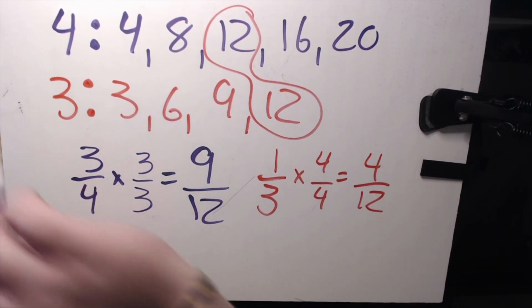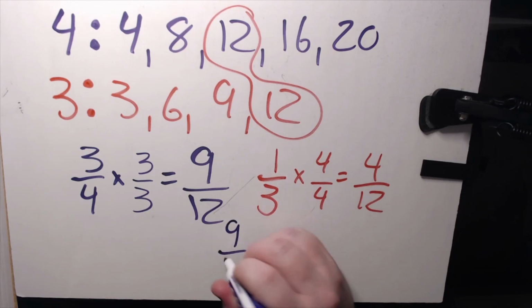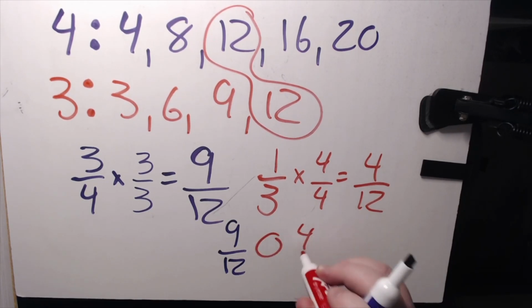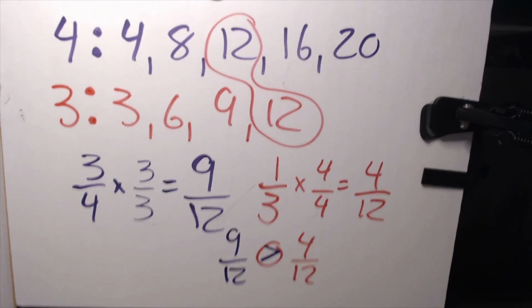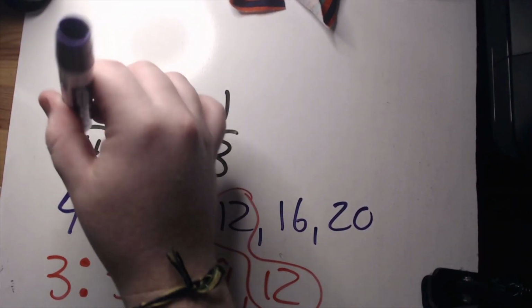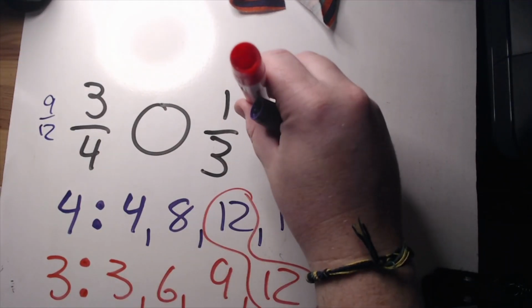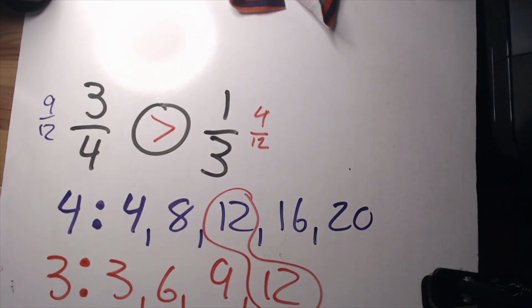So we really have a comparison problem that says 9/12 compared to 4/12. With that problem, we know that 9/12 is greater than 4/12. If we go back up to the top, 3/4 was equal to 9/12, and 1/3 was equal to 4/12. So 3/4 is greater than 1/3.